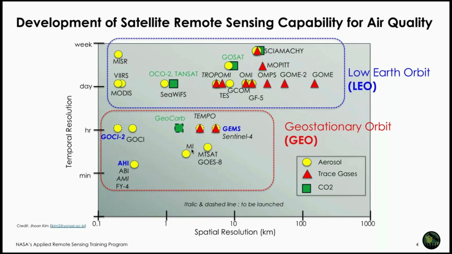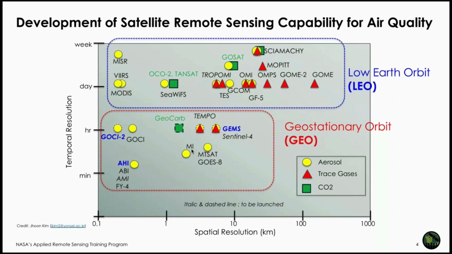Generally, these gas measurement sensors have coarse spatial resolution of a few kilometers. The last one, the yellow circles, represents the aerosol sensors, and they have higher spatial resolution, less than a kilometer.